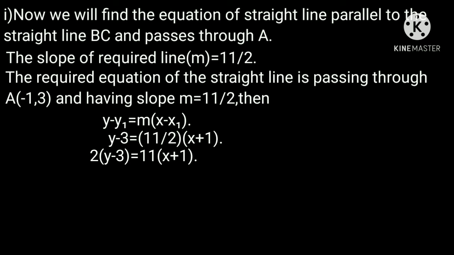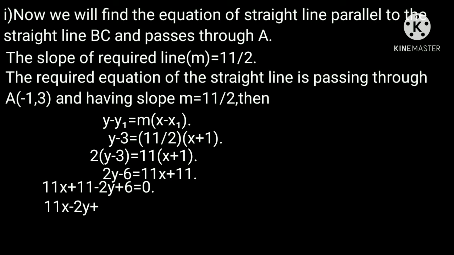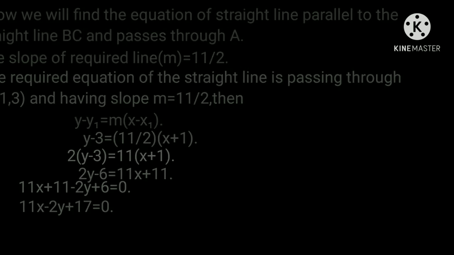After simplification, 2y minus 6 equal to 11x plus 11. Taking all values to one side, we have 11x plus 11 minus 2y plus 6 equal to 0. After simplifying the above equation, 11x minus 2y plus 17 equal to 0. This is the parallel equation of the BC line.